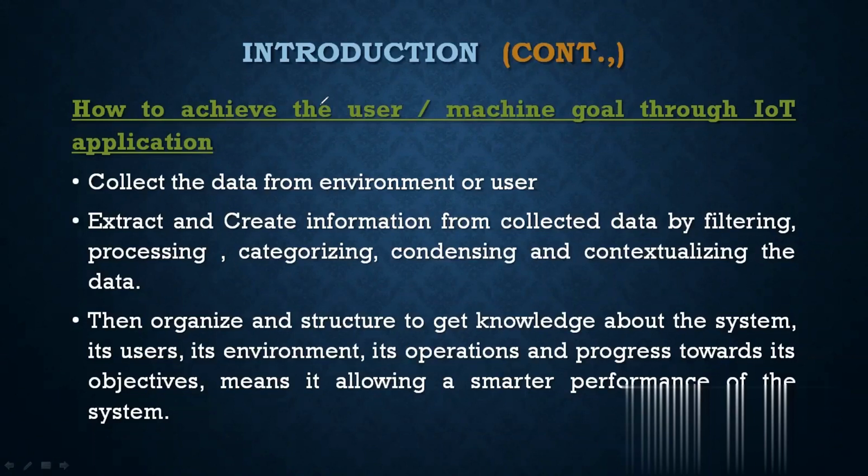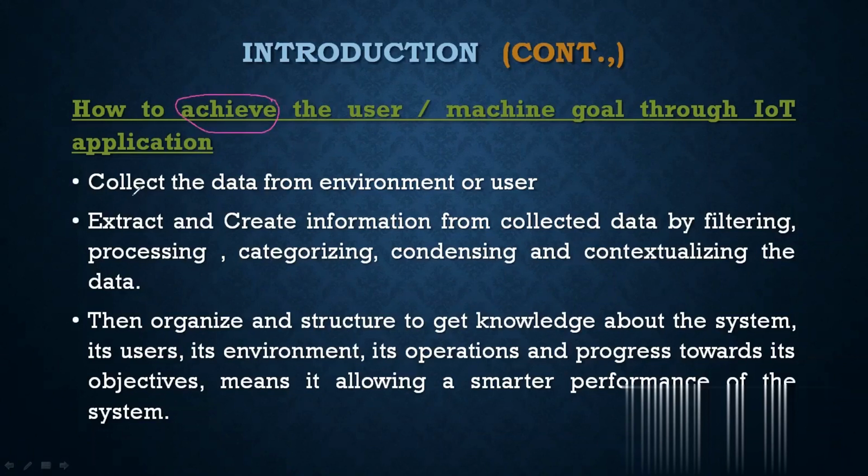That means, how are these IoT applications helpful to the user or the machines to complete their goals or their work? For achieving this, we have to follow some steps.